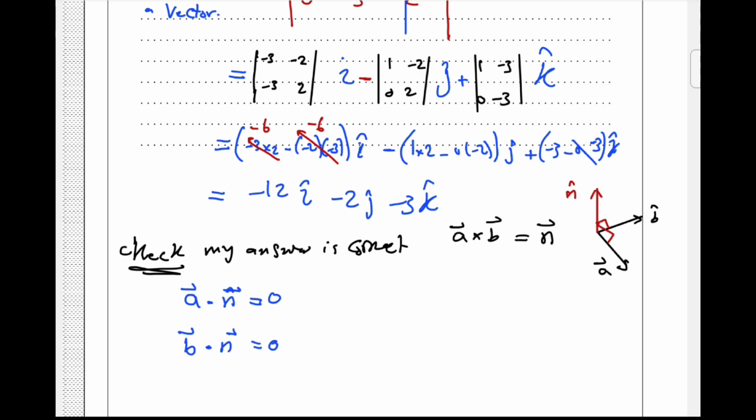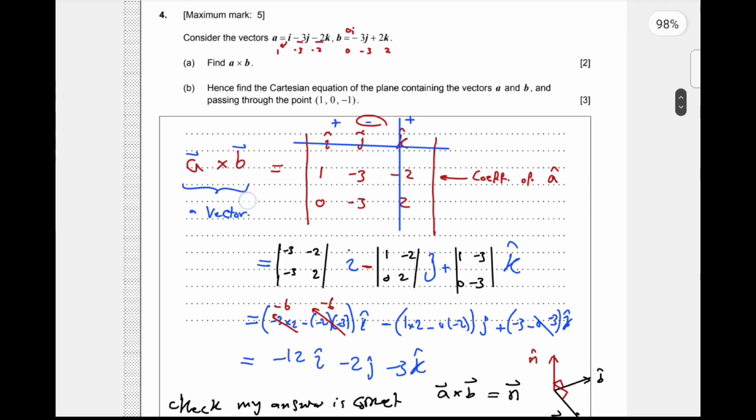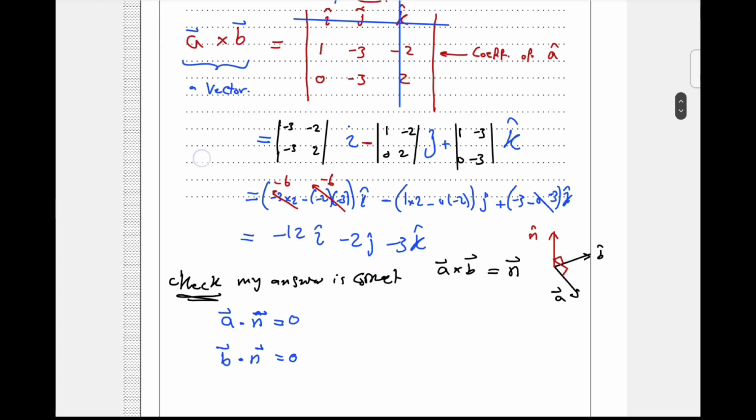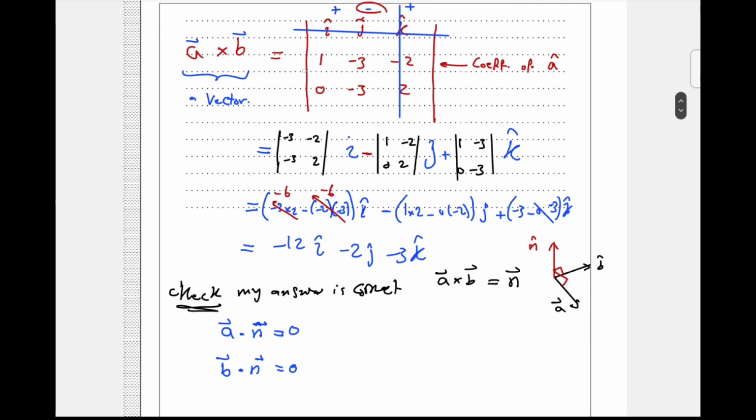So let's check. The vector A is i, 1, minus 3 and minus 2. For the dot product, you multiply each dimension's coefficients with each other and then add them up.